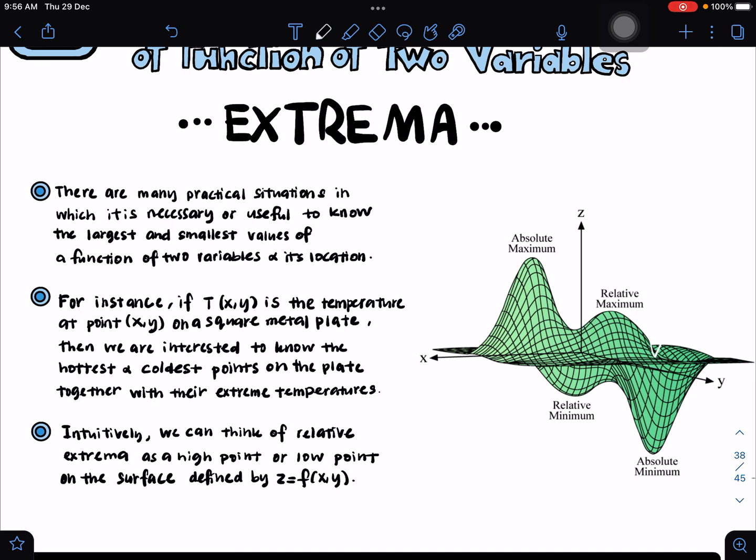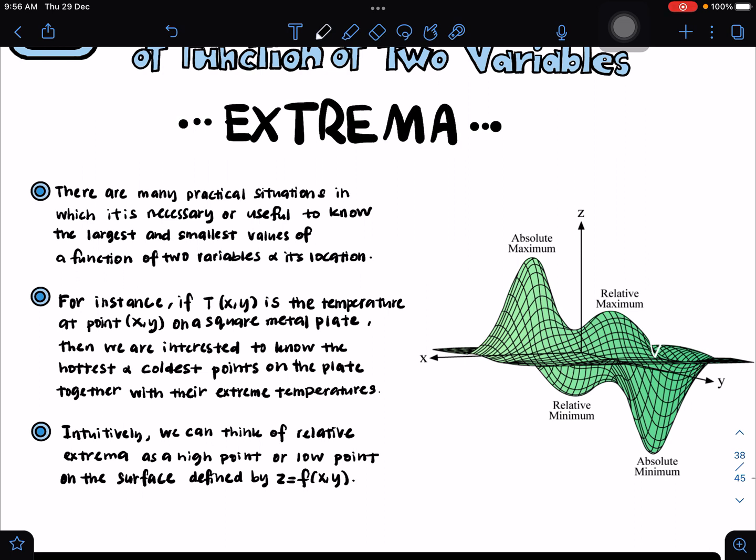Sometimes the physical system around us, for example, the growth of a cancer cell, pertumbuhan sel kanser, or for example the halaju kereta, semua tu kita boleh modelkan dia dengan menggunakan differential equation, which is the function yang mewakili that system. So sometimes kita perlu tahu kat mana maximum and minimum point dia. Where is the maximum and minimum value of our function?